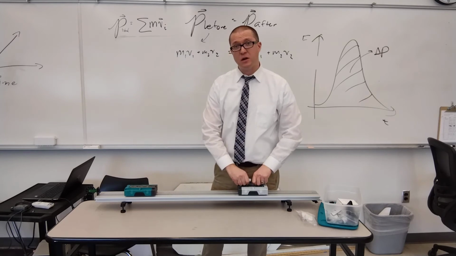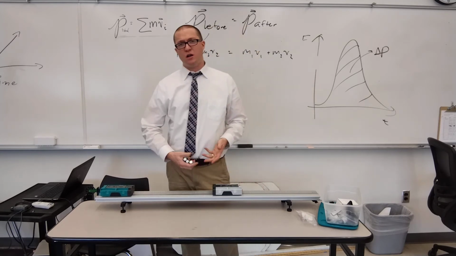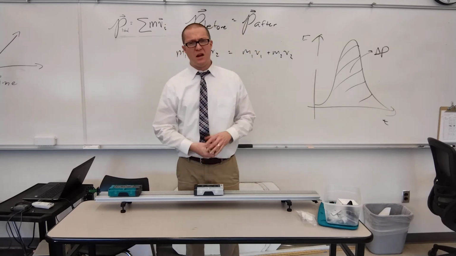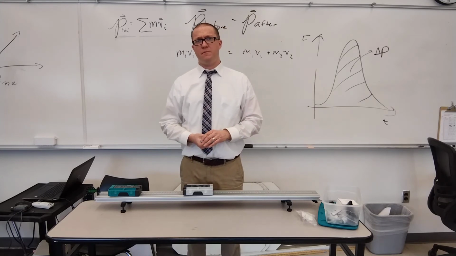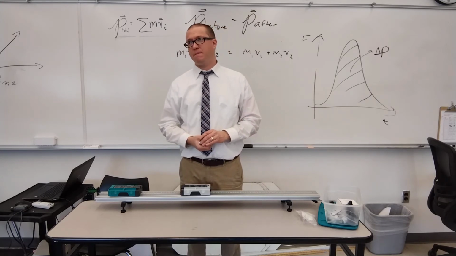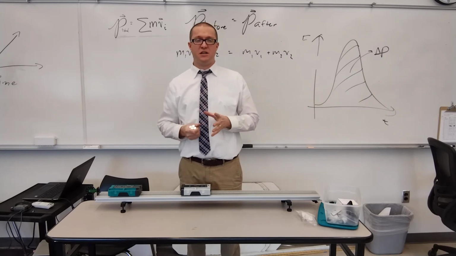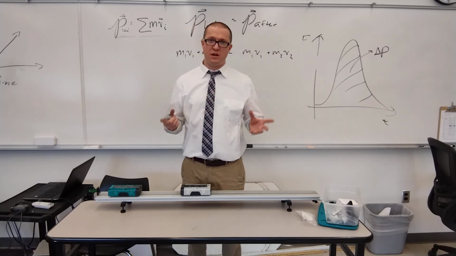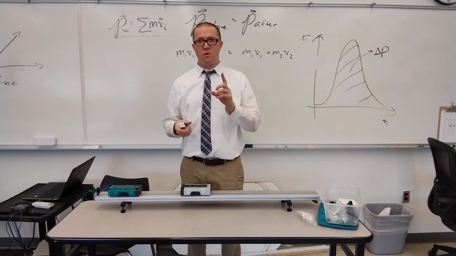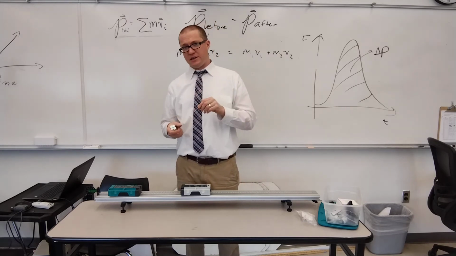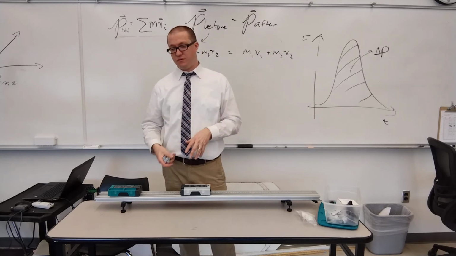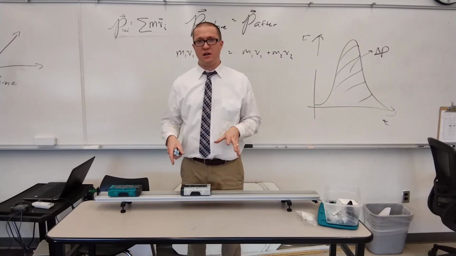Now the other types of collisions, these are called elastic collisions. Elastic collisions are ones in which total kinetic energy is conserved. We're not going to look at that yet. We will later on once we do energy. Inelastic collisions are when energy is not conserved. These collisions are inelastic.